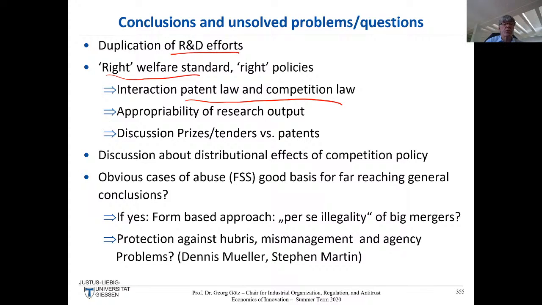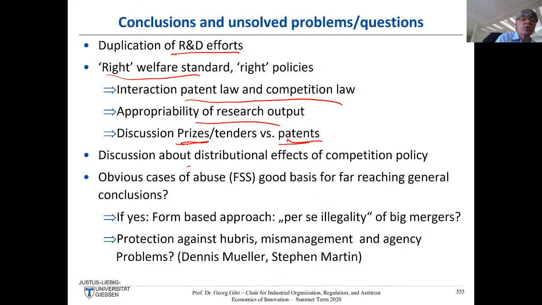Patent law wants to assign a monopoly right. Of course, competition law doesn't like monopolists. Appropriability of research output is always a topic, again with patent law. The question is whether, for instance for our corona vaccines, we should award patents, or just award a price in a tender or something like that.